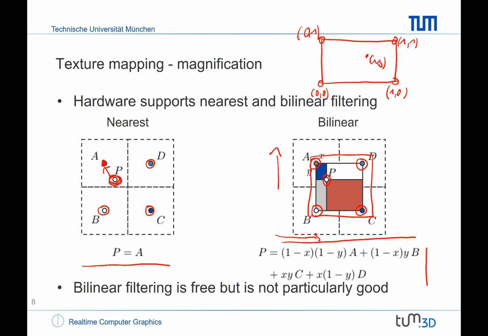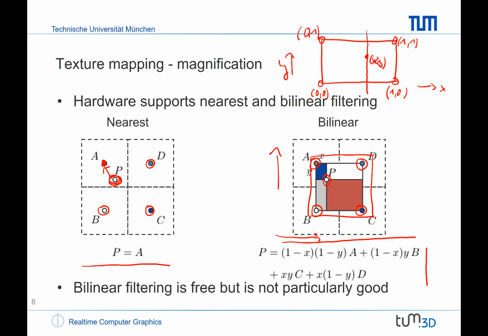Okay, now how do we interpolate? We could just say the following. Let us assume that this is the x direction and that is the y direction. Now what you could say is, let me just draw that line here at the x location of that point here. And then we could just say the following.